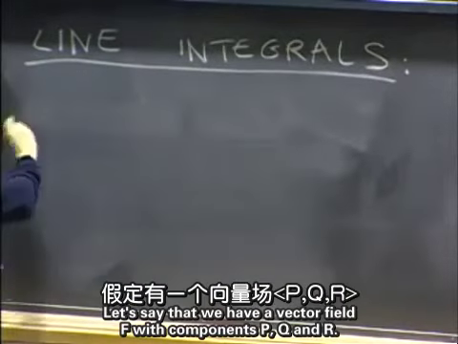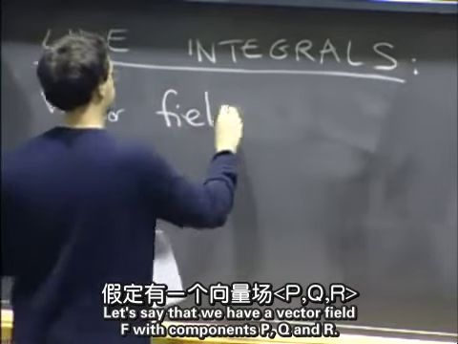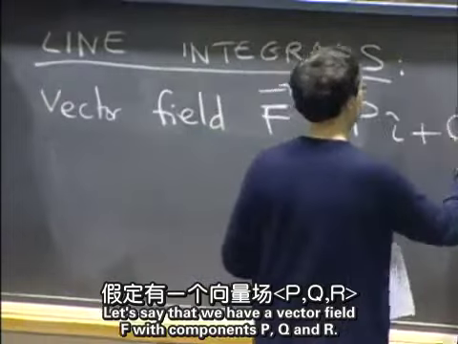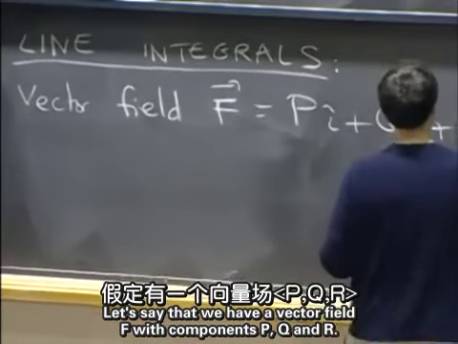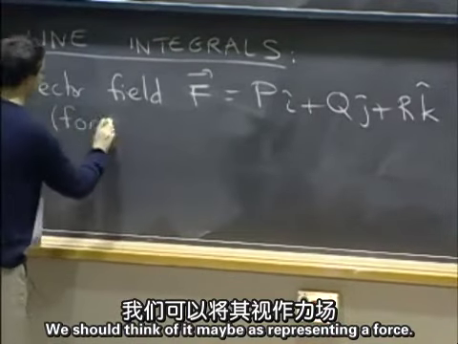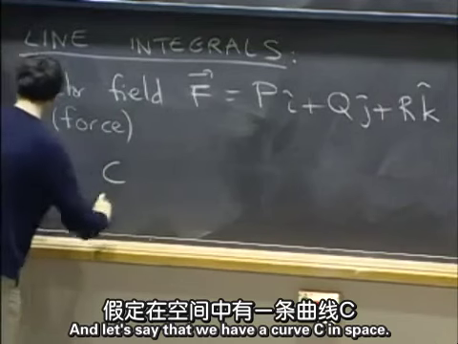So let's say that we have a vector field F with components, say, P, Q, and R. And we should think of it maybe as representing a force. And let's say that we have a curve C in space.